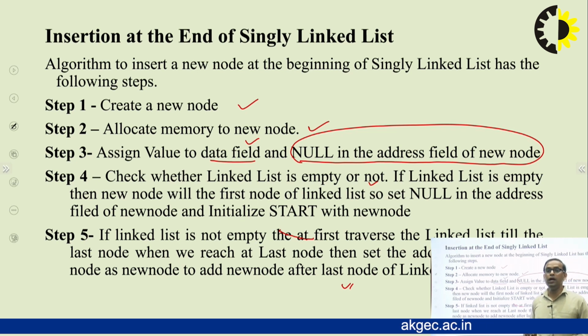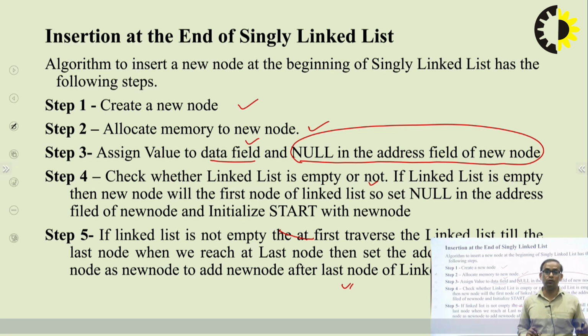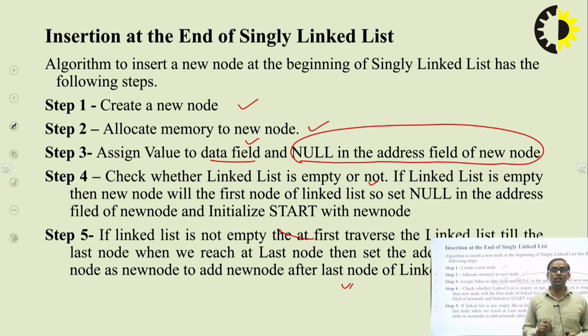So at first we have to reach the last node. To do that, we have to traverse the complete linked list from the first node to the last node, because a linked list is a sequential data structure and we cannot directly access any node.